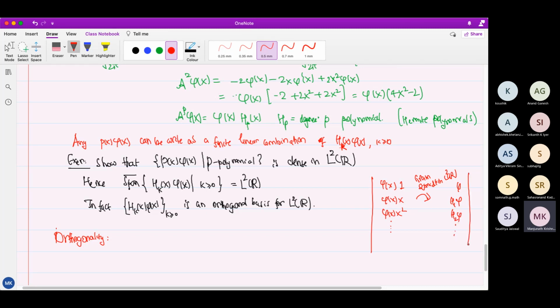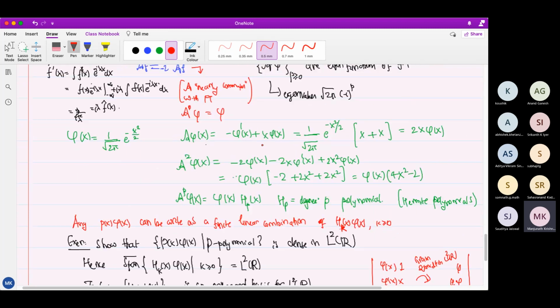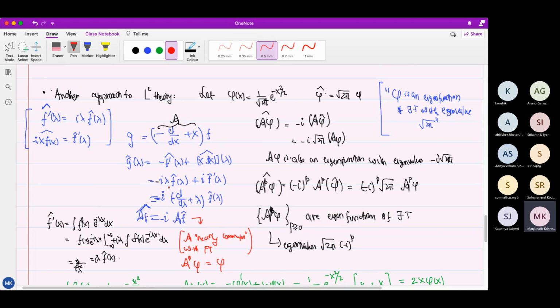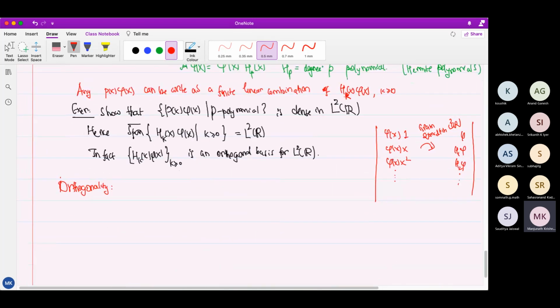This is another way I could have introduced it. Then I would have to argue that that is how A acts on it. I defined these things to be A to the power k applied to phi, but anyway, you have to make a link between the two. From what I'm going to say, it will follow that this is what you will get if you apply Gram-Schmidt.